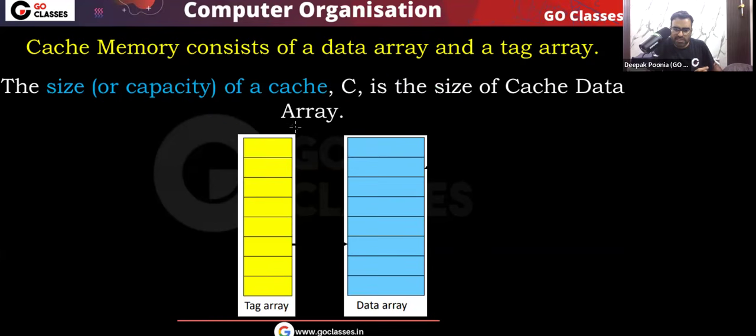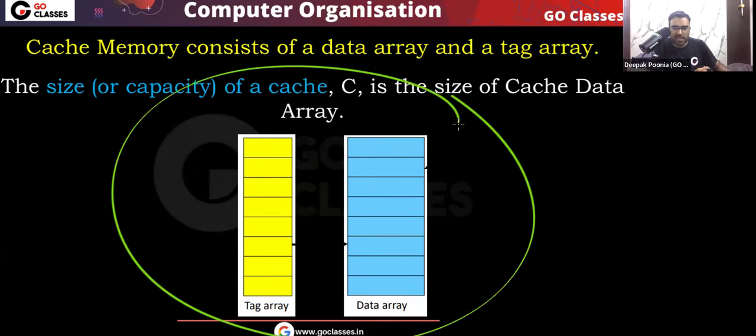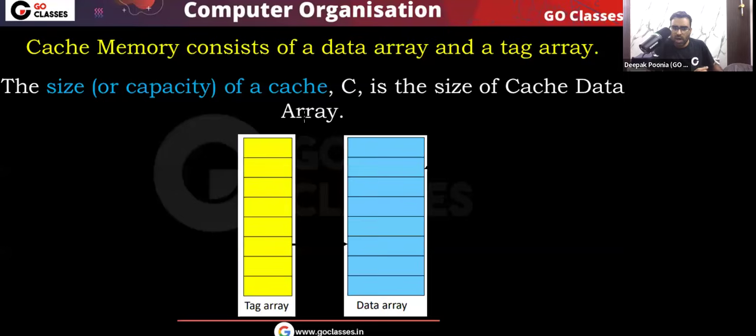The number of tag bits for one cache line, multiplied by the number of cache lines, will be the total number of bits required to store all the tag values.